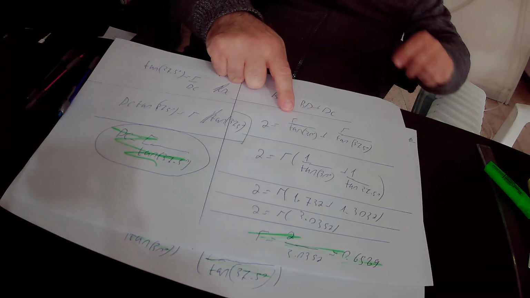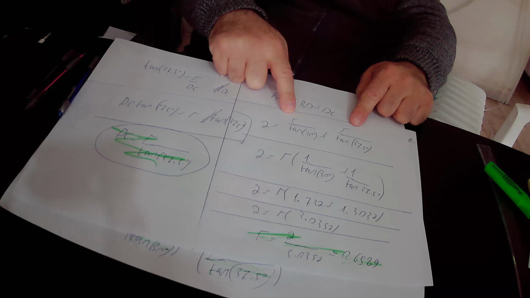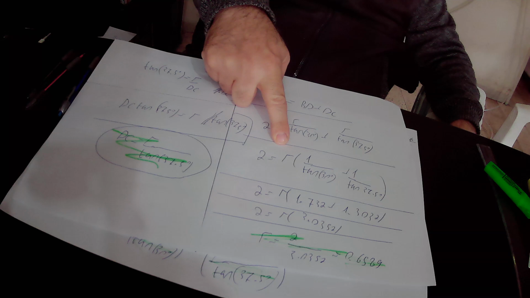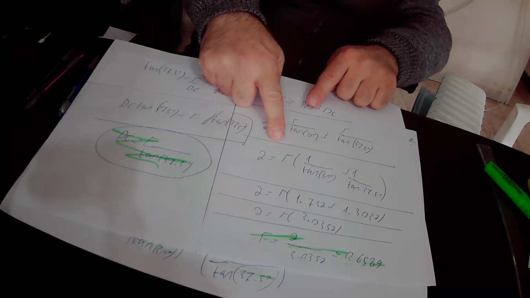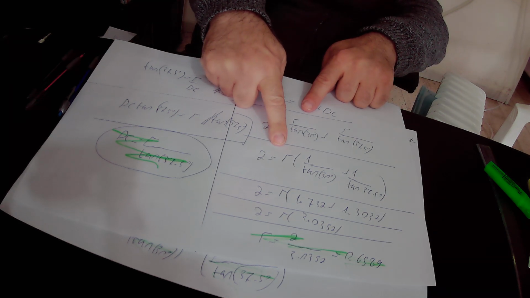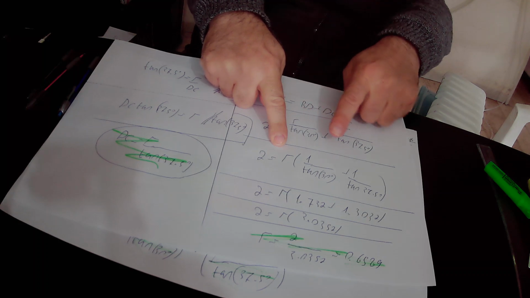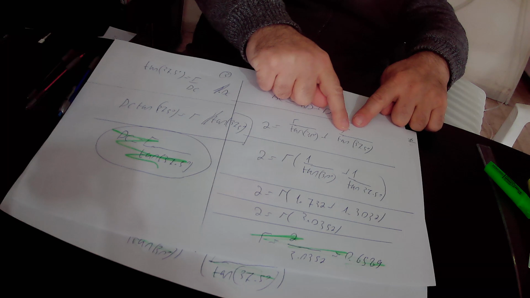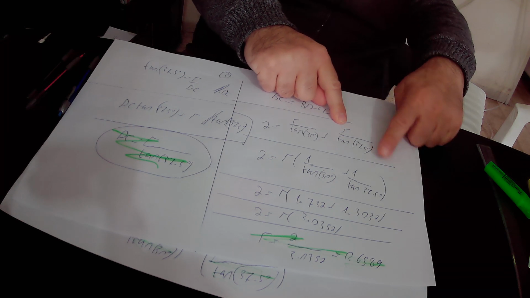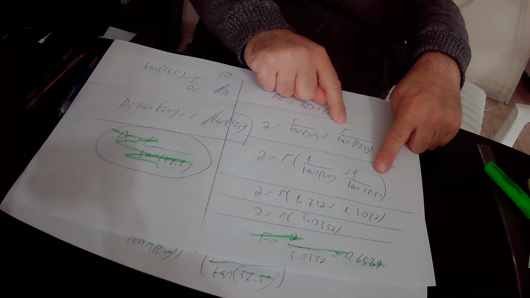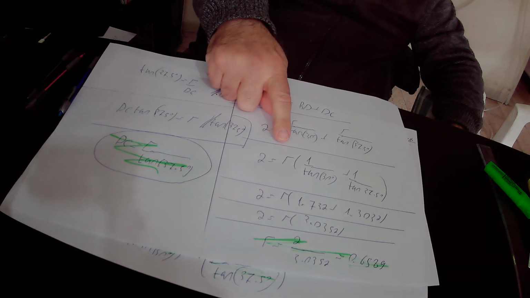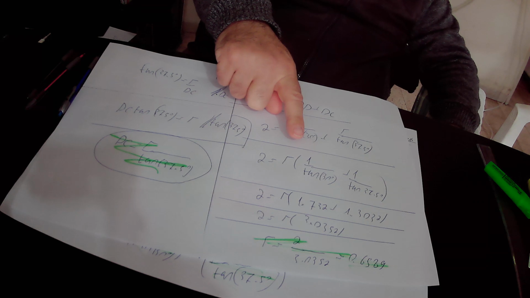Then we took R as a common factor from those two expressions and found that 2 equals R times the bracket. After we took R out, inside the brackets we are left with 1 over tan 30 degrees plus 1 over tan 37.5 degrees.